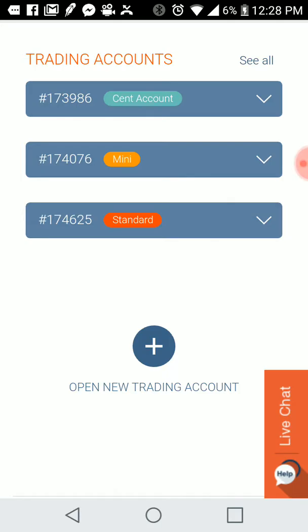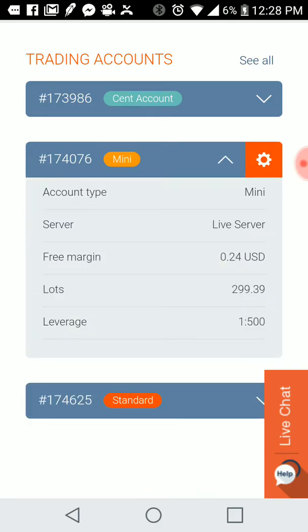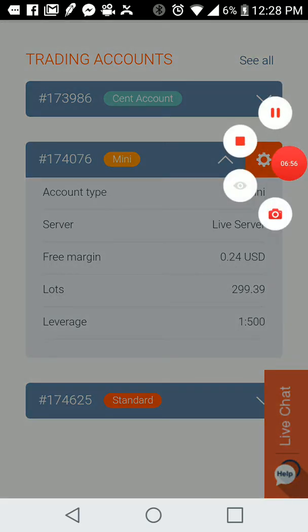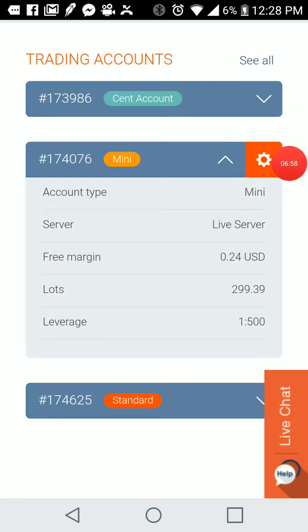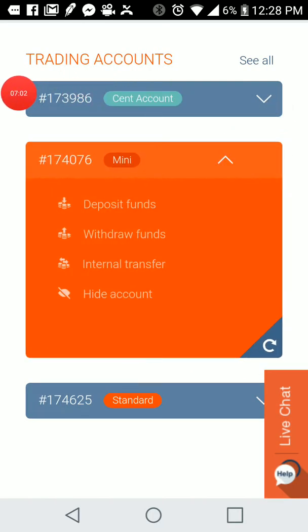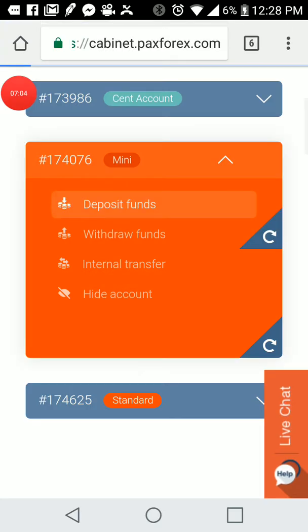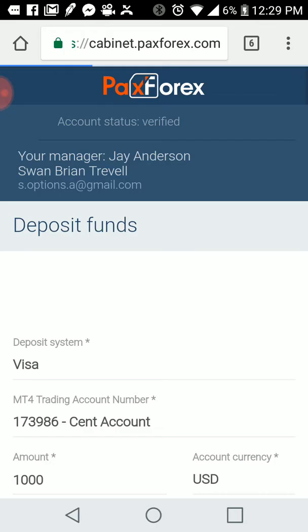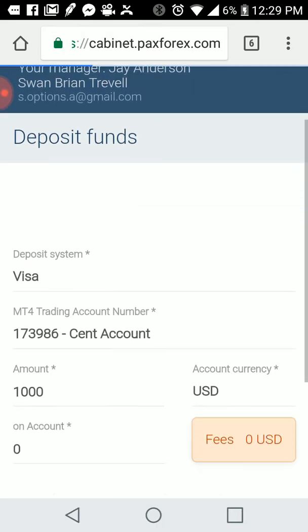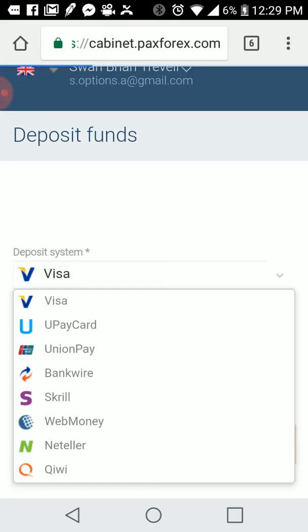So the mini account will be the account that we fund. And we will begin funding the mini account right now. And we will go. What's over here? And we will fund the mini account. Funds. We'll use our UPay card system.